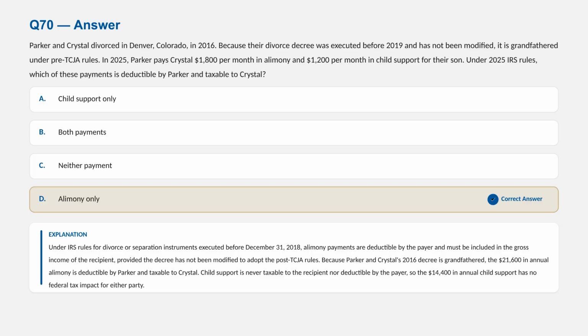Because Parker and Crystal's 2016 decree is grandfathered, the $21,600 in annual alimony is deductible by Parker and taxable to Crystal. Child support is never taxable to the recipient nor deductible by the payer. So the $14,400 in annual child support has no federal tax impact for either party. Great. Now let's move to our next question.